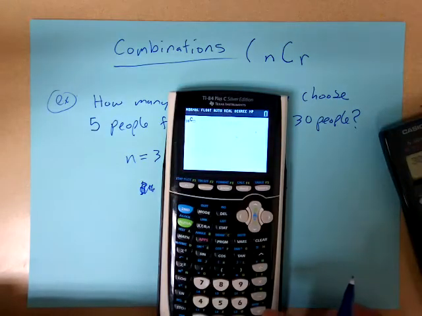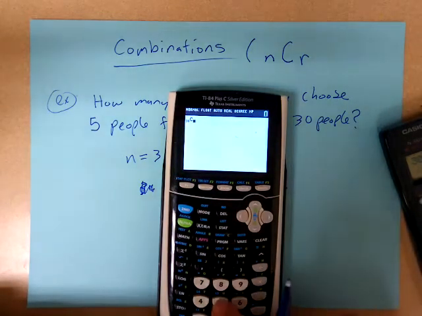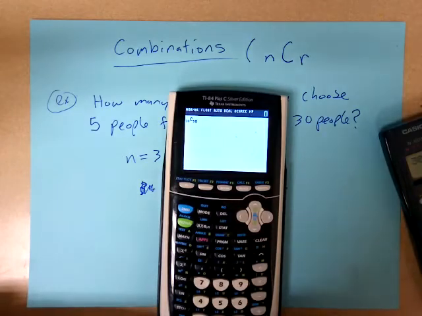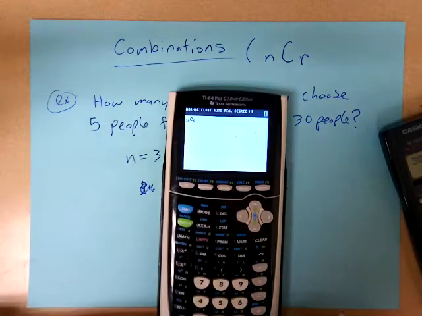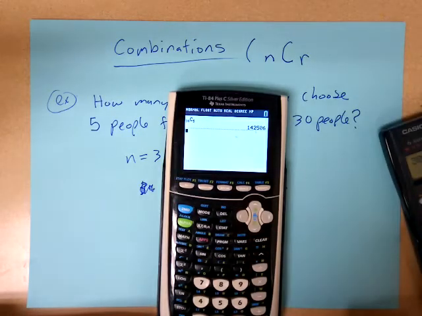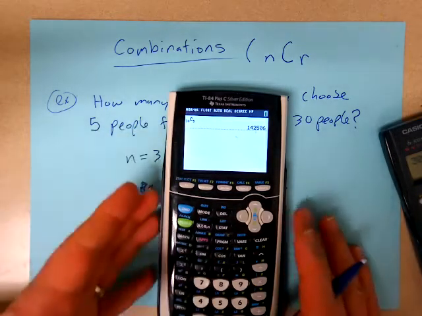And then there it is, 30 choose 5. Just like that. Enter: 142,506.